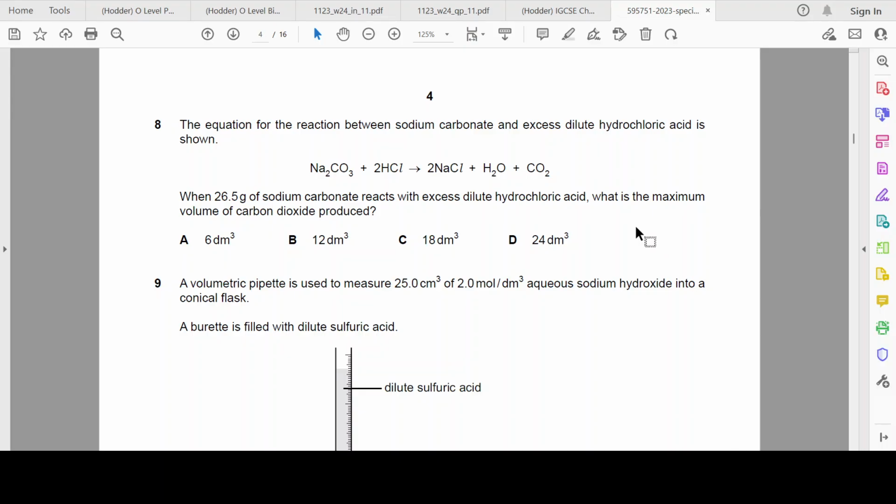Going back to stoichiometry, assuming this is 100% pure and all of them react, and you're getting 100% yield of carbon dioxide, 0.25 moles of sodium carbonate will produce 0.25 moles of carbon dioxide gas.